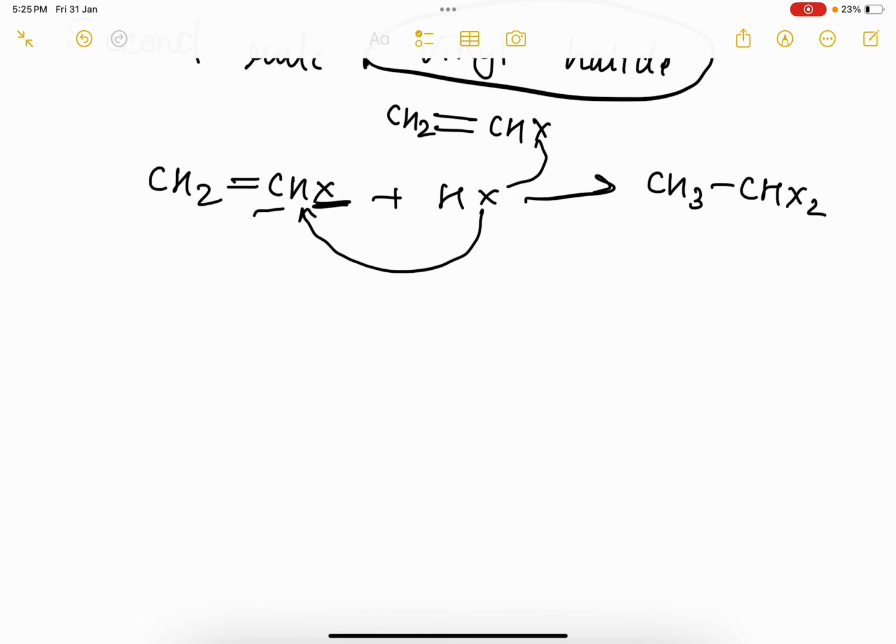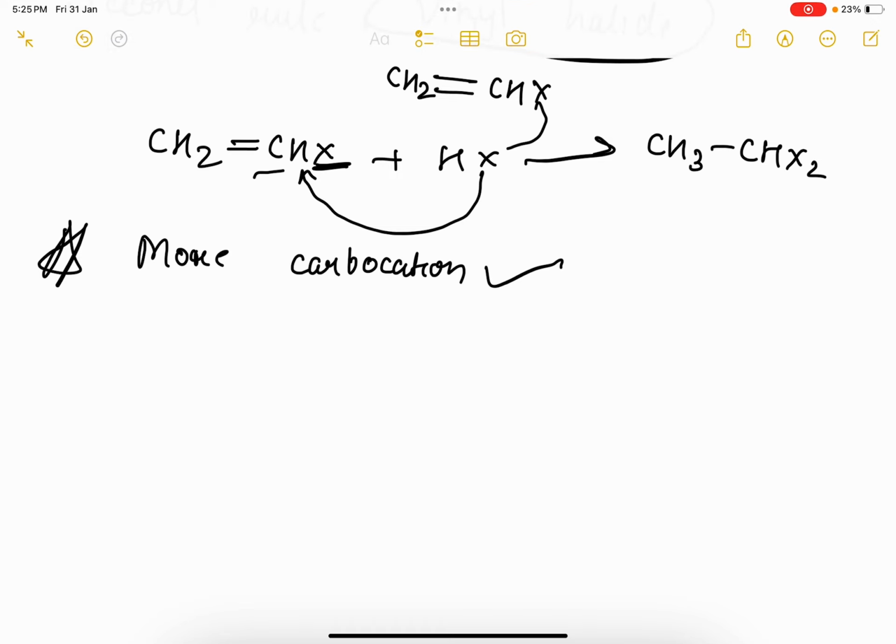We have to always notice that in Markovnikov rule the more stable carbocation gives us the major product. So if there is any possibility of rearrangement of carbocation, we can do it. Okay, so this is the Markovnikov rule.